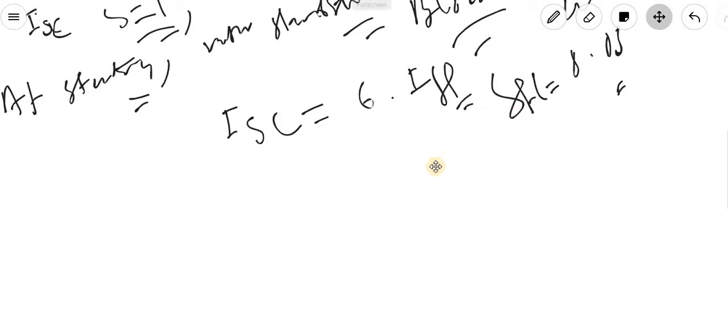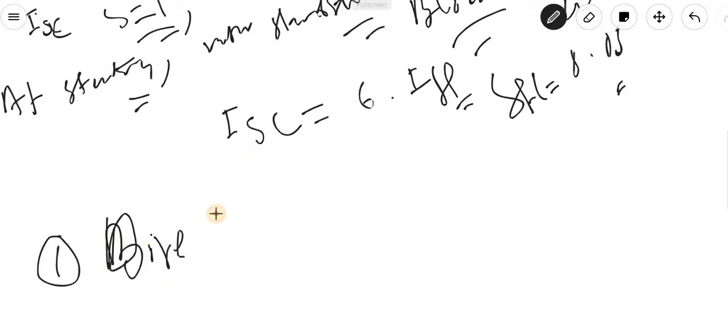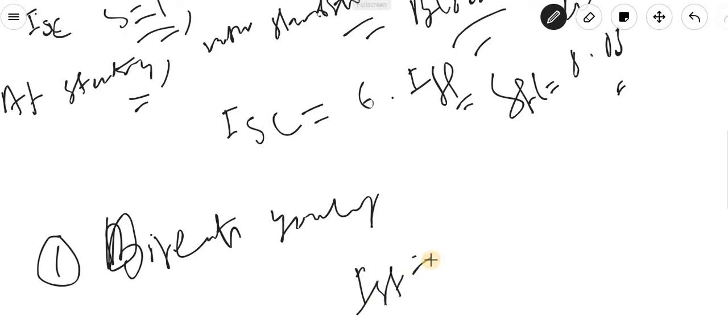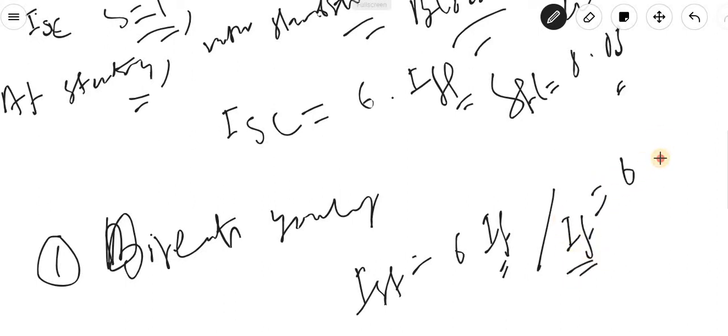So what would be the starting current? The starting current will be 6 times the full load current. Clear? So the per unit value with respect to full load current will be 6 per unit.